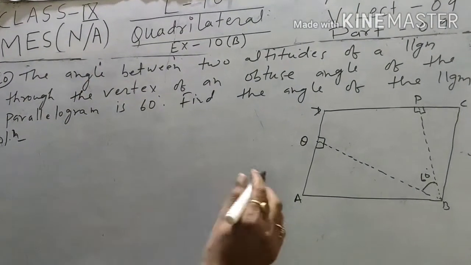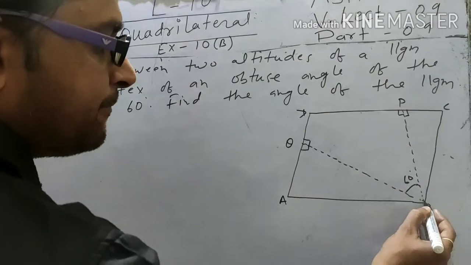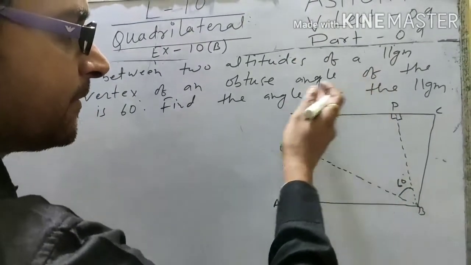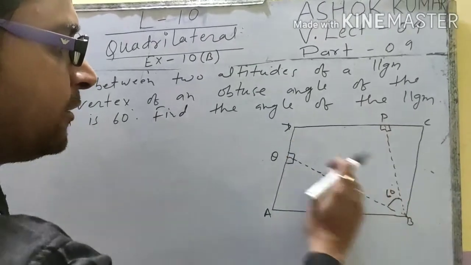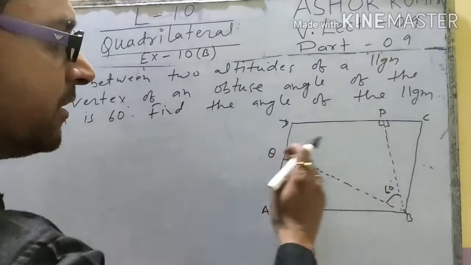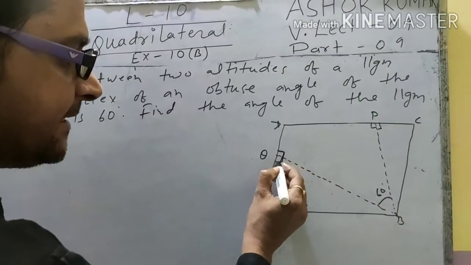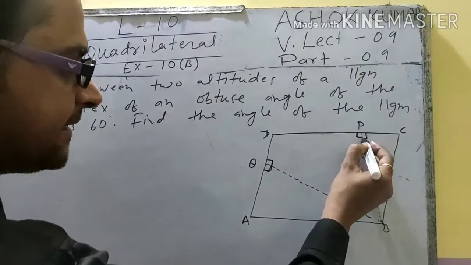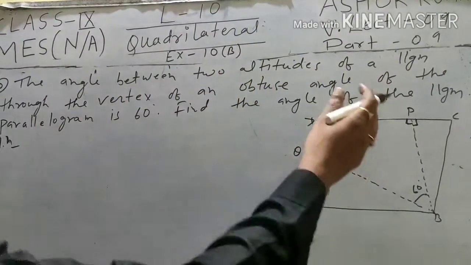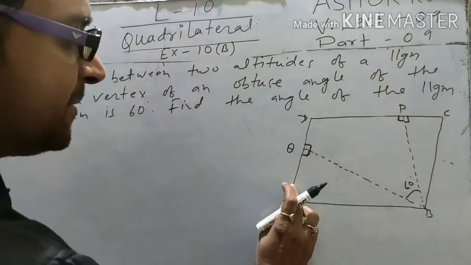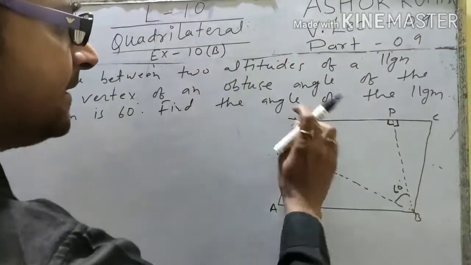That means take any one point and draw perpendiculars to the respective sides, that means two different altitudes, and here they make 90 degree and 90 degree. Okay, find the angles of the parallelogram, that means angle A, angle B, angle C and angle D.